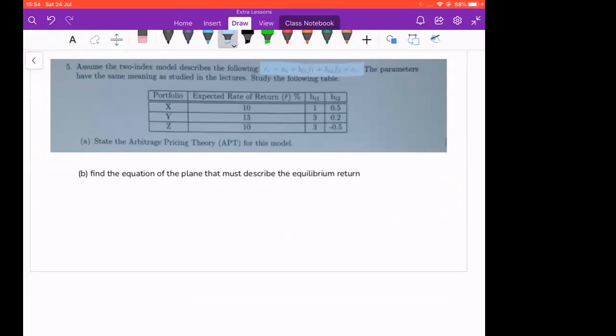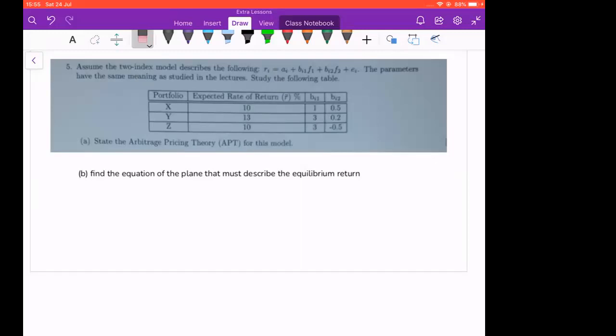It doesn't make it visible, so I'm going to cancel it. The parameters are the same as studied in the lecture. They study this table, and they ask you to state the APT, so find the equation of the plane that describes the equilibrium return.